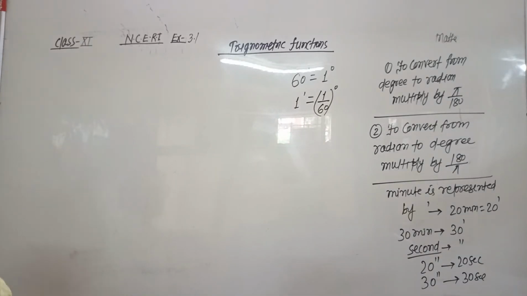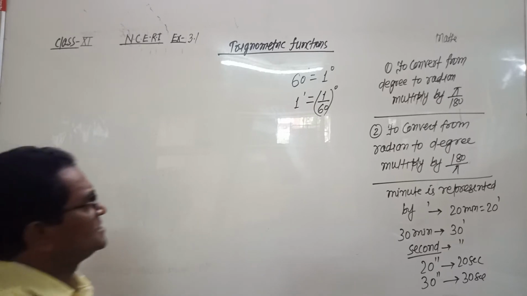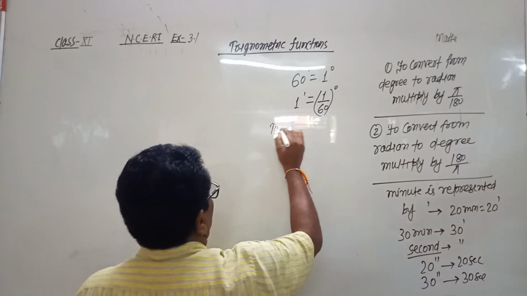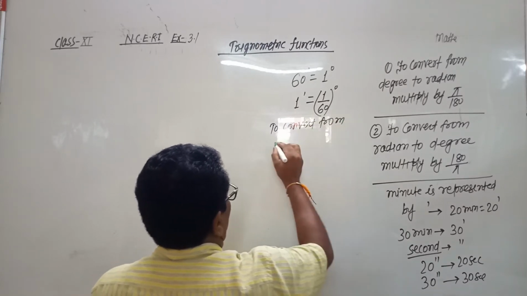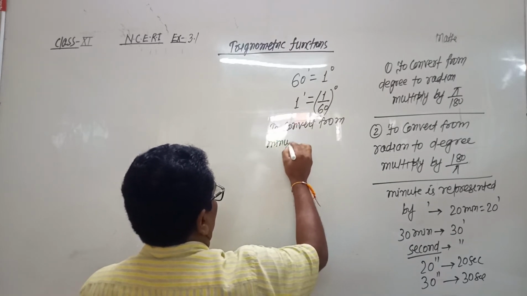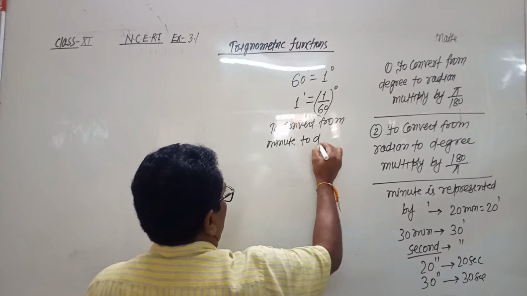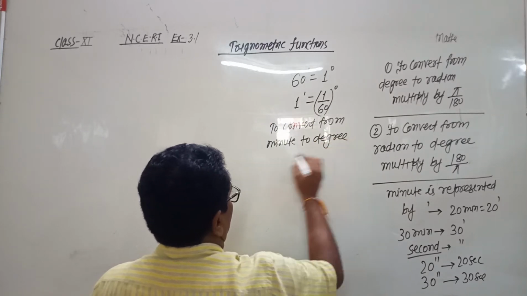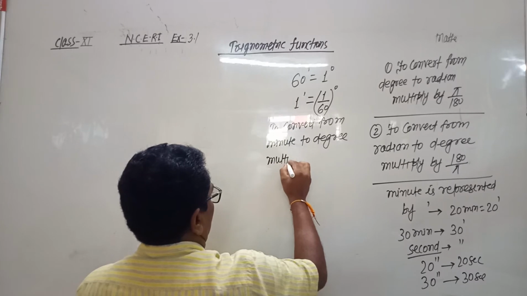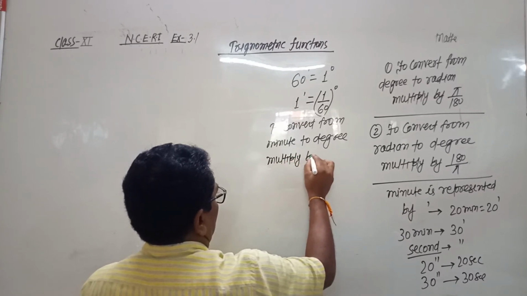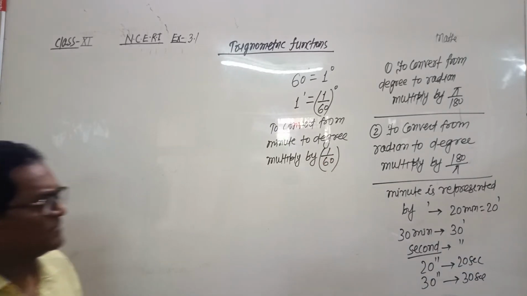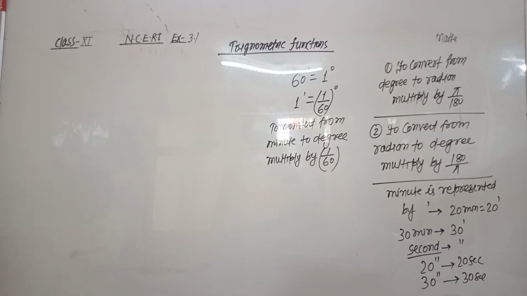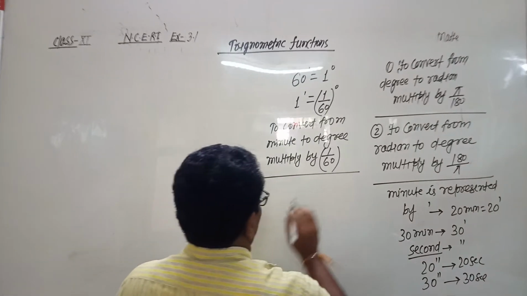So to convert from minute to degree, multiply by 1 by 60. If we have to convert from minute to degree, then we multiply by 1 by 60.